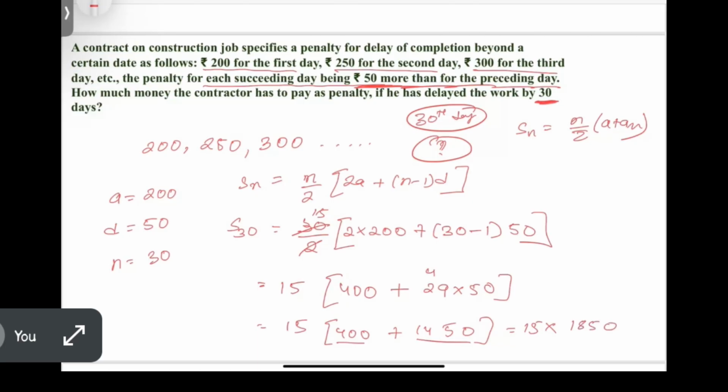So if we multiply 1850 into 15: 5 times 0 is 0, 5 fives are 25, 5 eights are 40, 5 ones are 5, and so on. So I'm getting 27,750. If my calculation is not wrong, then the penalty will be 27,750 rupees. Okay, so that's the answer.